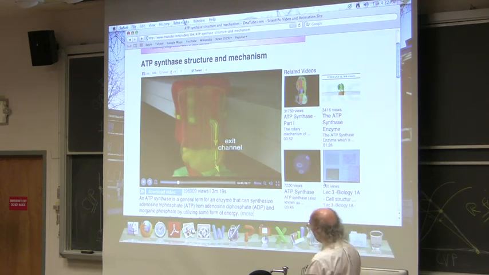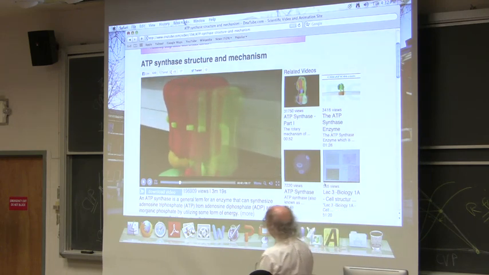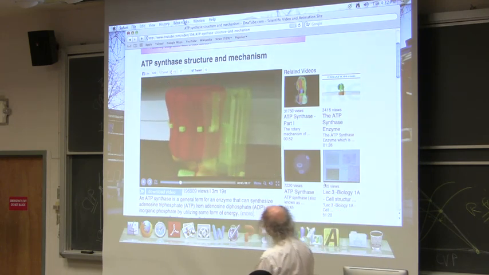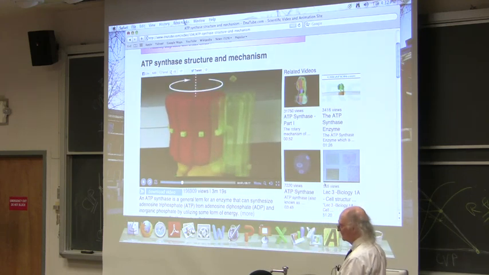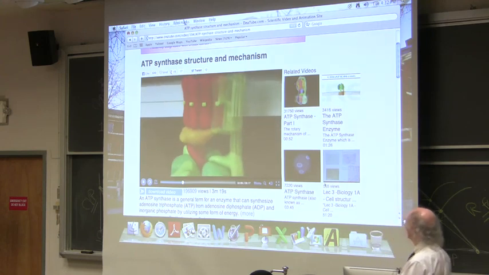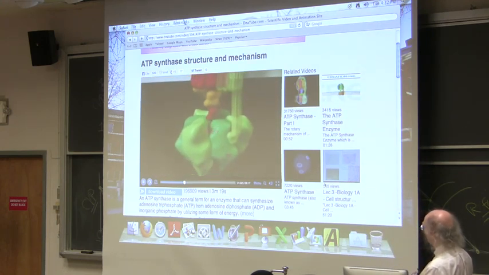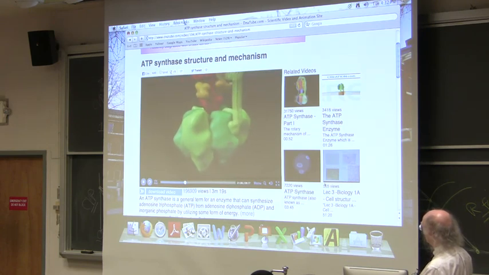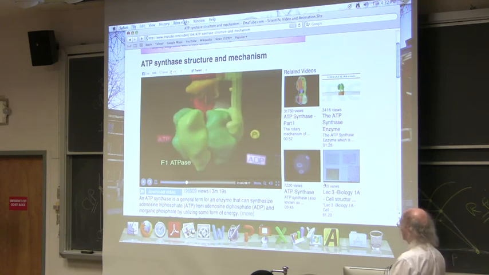An exit channel allows them to leave to the other side of the membrane. In this way, the energy stored in the proton gradient is converted into mechanical rotational energy. The rotational energy is transmitted via a shaft attached to the rotor that penetrates deep into the center of the characteristic lollipop head, the F1 ATPase, which catalyzes the formation of ATP.